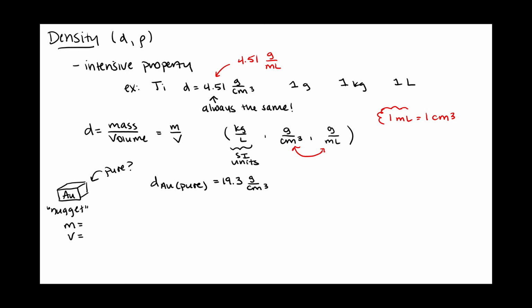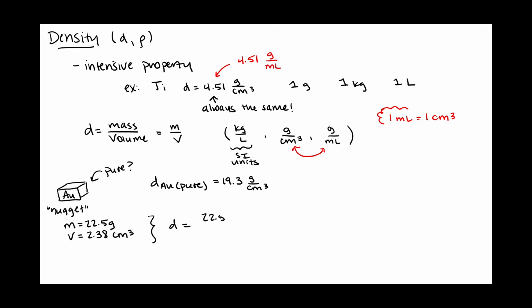If it's a cube, we know that's just length times width times height, and a mass we can just weigh on a balance. So suppose that we found this mass is 22.5 grams, and the volume came out to be about 2.38 cubic centimeters.